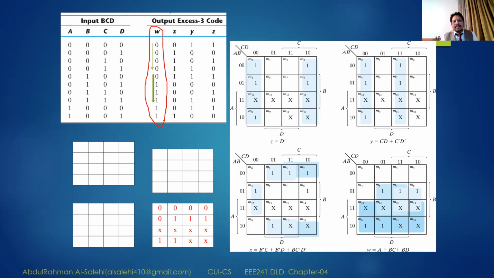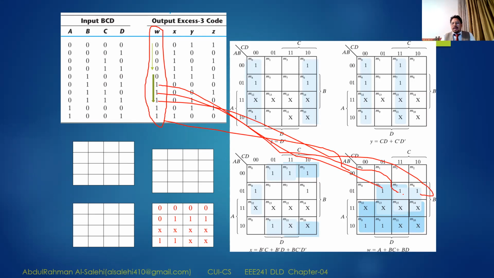Let's make it a Karnaugh map, which is this one. If I have 0, 0, 0, 0, 0, 1, 1, 1, this represents the first m square, second m square, third m square, fourth m square, fifth, sixth, seventh, and then 8, 1, and so on.